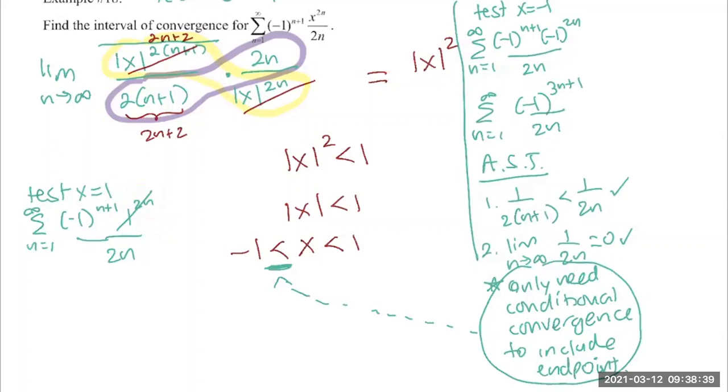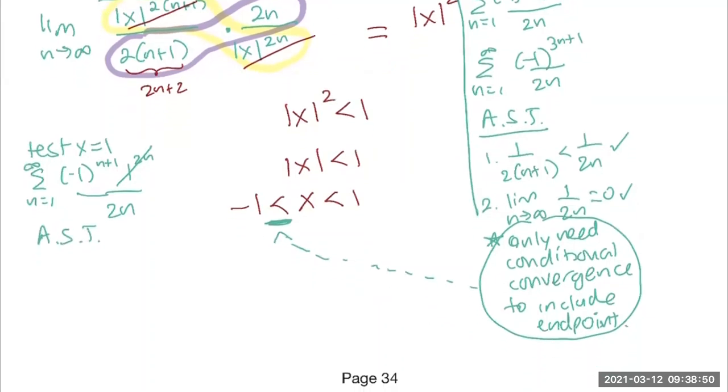If you take the absolute value, it's going to be divergent by P series. So it's not absolutely convergent, but we're testing for conditional convergence by doing AST on it. Your steps are the same exact steps because the absolute value is going to yield the same exact series. You just have to write it out and verify that it's true, which we already know is true from the previous one. This is considered testing the endpoints.